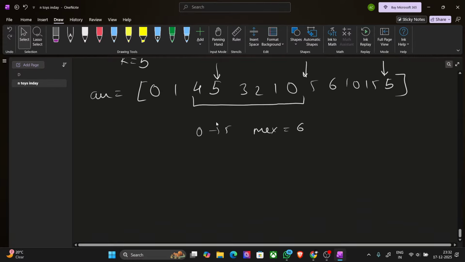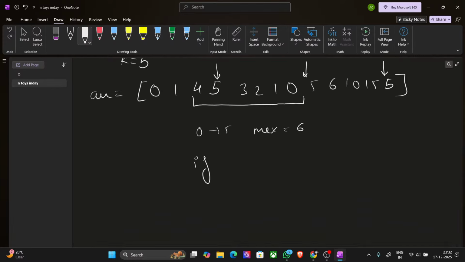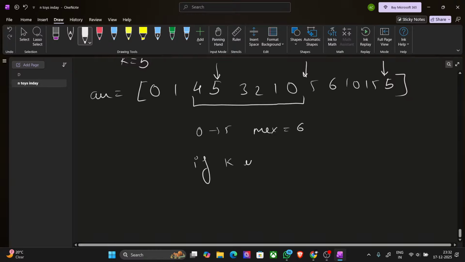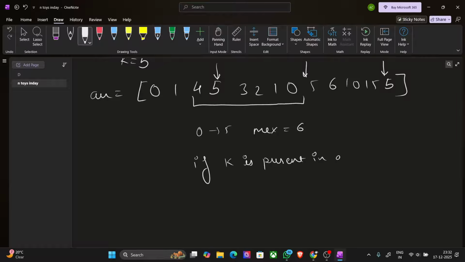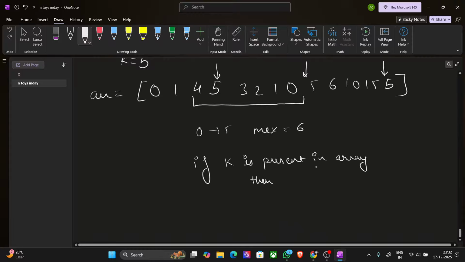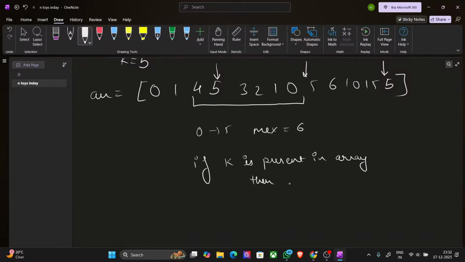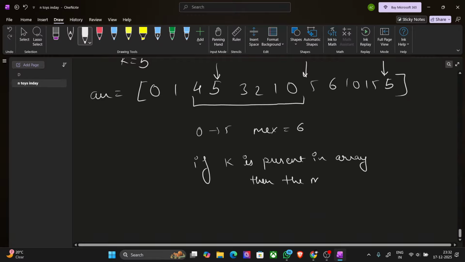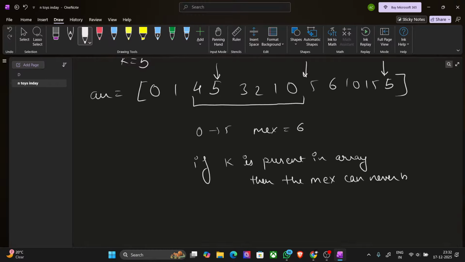Or you can easily state that if k is present in the array, then the MEX can never come out to be k, correct?